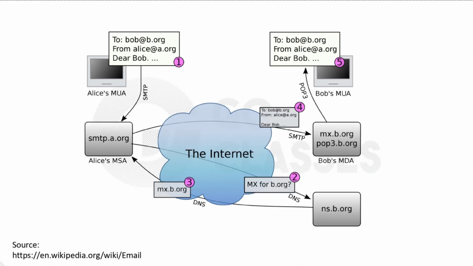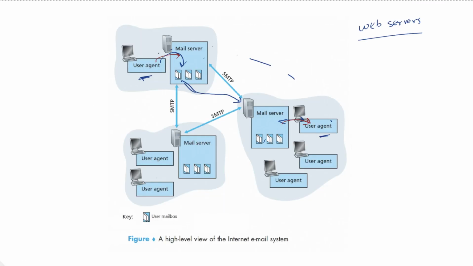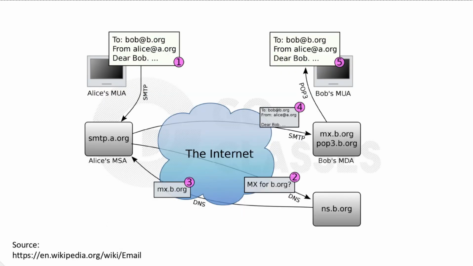more technical architecture, where I will tell you the steps of how this is happening. Suppose Alice uses a MUA, which means mail user agent, and as you have seen earlier, this is the user agent. This user agent is sending a message to Bob's user agent.